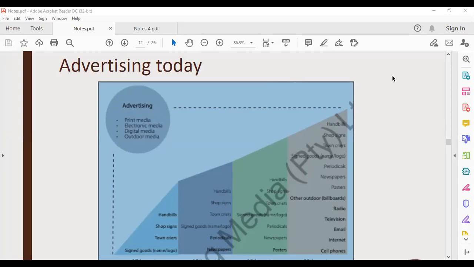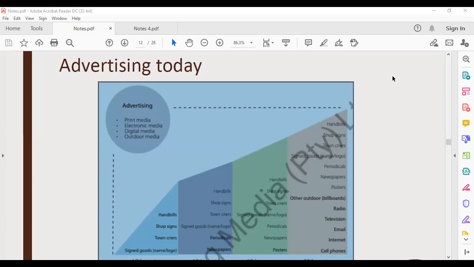Then we have your digital media, your internet, your social media, your websites, Twitter, Instagram, all these platforms that we use on internet and computers. Then we have outdoor media, your billboards, your posters, your flyers, all those outdoor advertisements that we see.